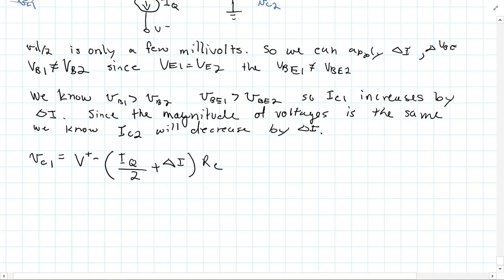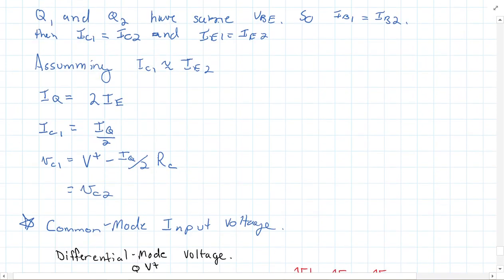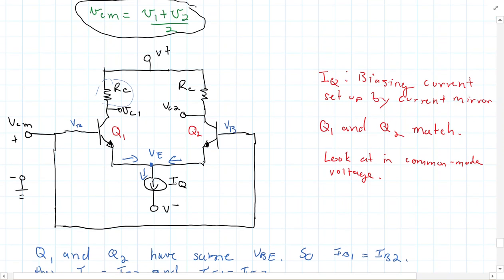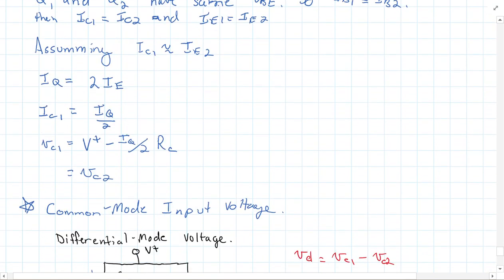Because this is VC1 here. So all I've done here is said that, okay, if I look at this current here, IC1, that's increased, and it's increased by delta I. And what are we saying? Well, when we went back to the common mode one, that's where they had the same voltages. When they had the same voltage on there, we said that IC1 is just equal to IQ over 2. And then VC1 is just V plus minus IQ over 2 times RC.